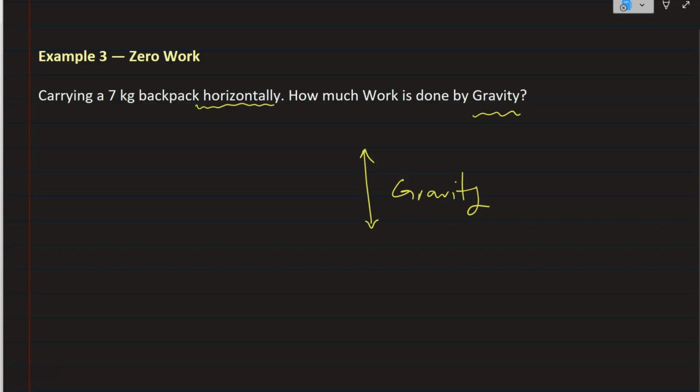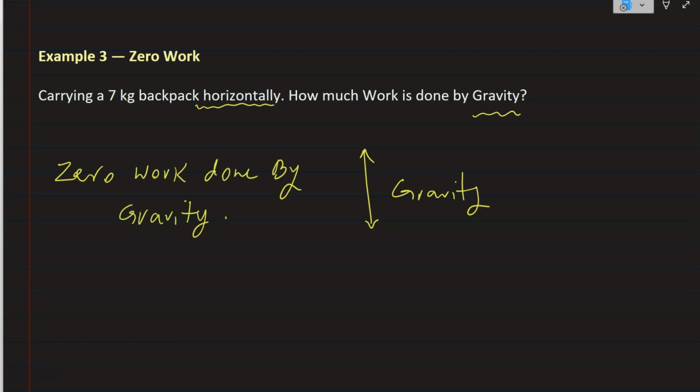The weight is up and down. It's vertical. It's not horizontal. So in this case, the 7 kg backpack is being moved horizontally. Well, who cares about the gravity? So there is no work done. So zero work done by gravity.